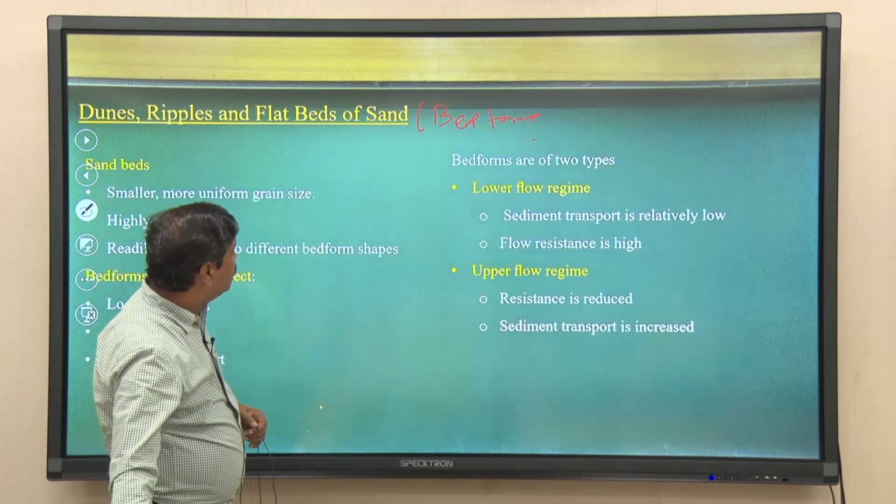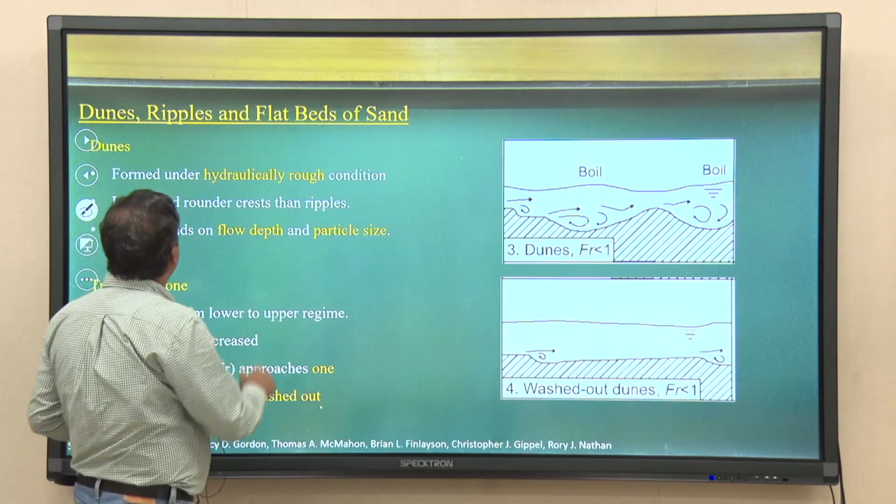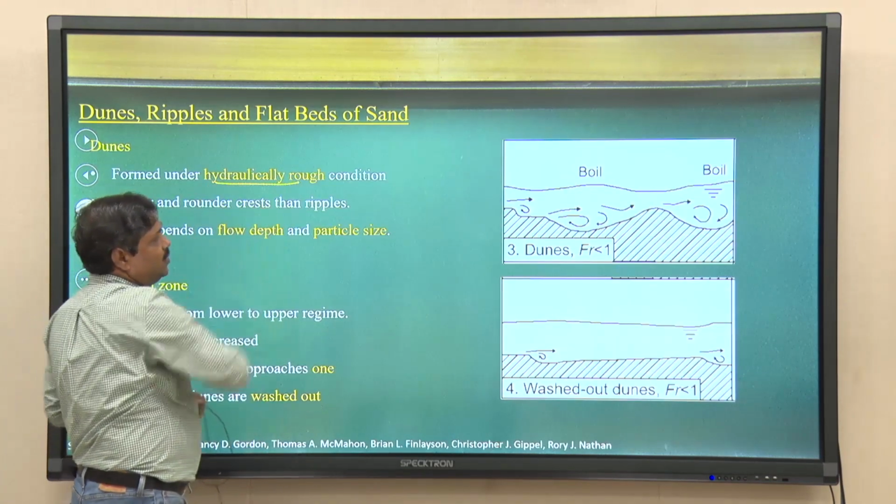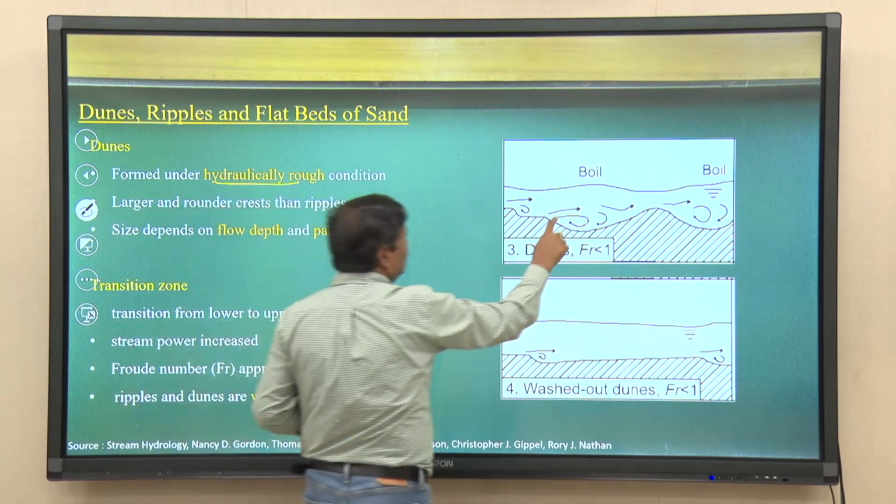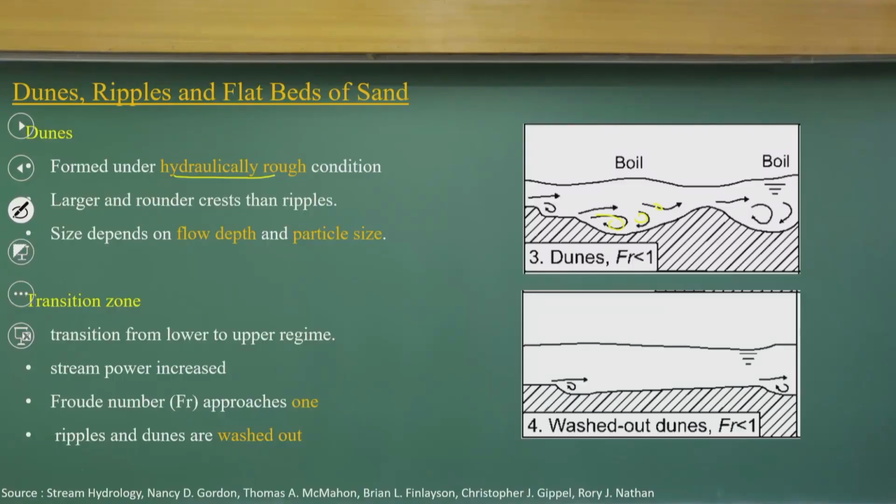But in the case of dunes, hydraulically rough conditions come in. If you increase further, you will have dune shapes, like the sand dunes in the desert. The same conditions happen at river bed levels. You will have dune formations, as you have seen in the desert, and eddy formations at the back of them.